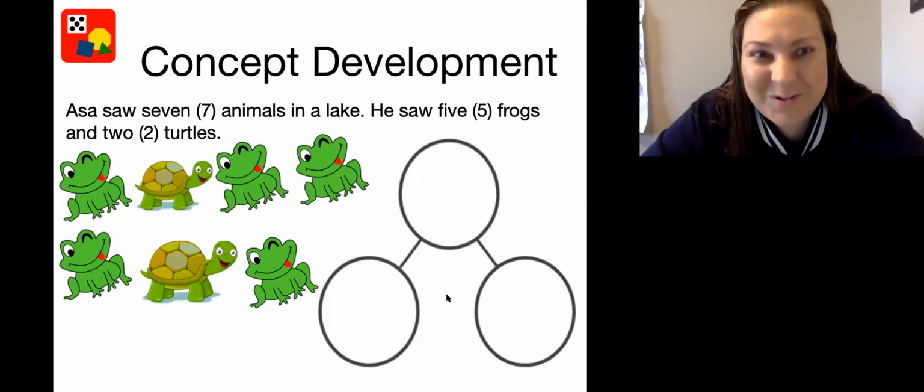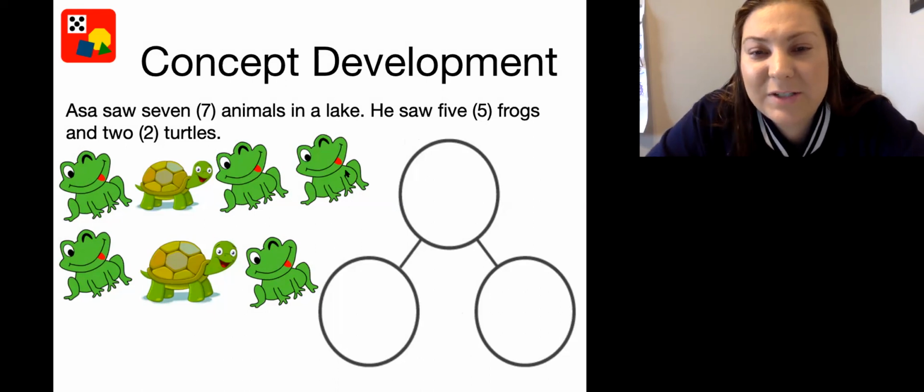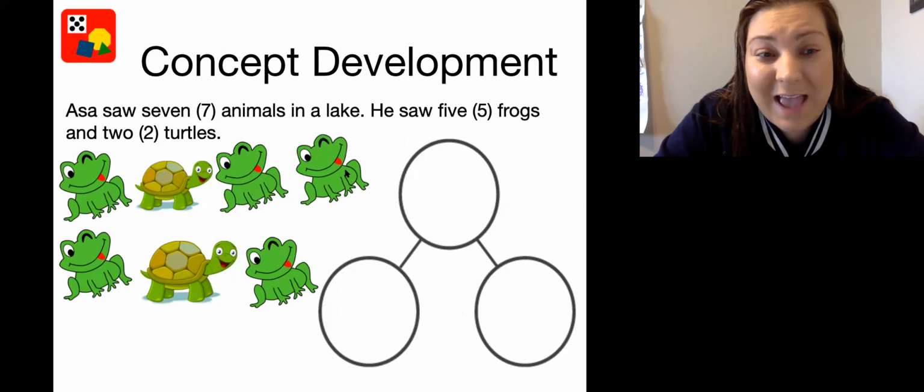Great job, scholars. Ooh, here we have a story problem. I love story problems. Asa saw 7 animals in a lake. He must have been going for a walk. He saw 5 frogs and 2 turtles. So let's fill in our number bond, scholars. How many animals did Asa see altogether? 7. We see the word and the number. So he saw 7 animals.